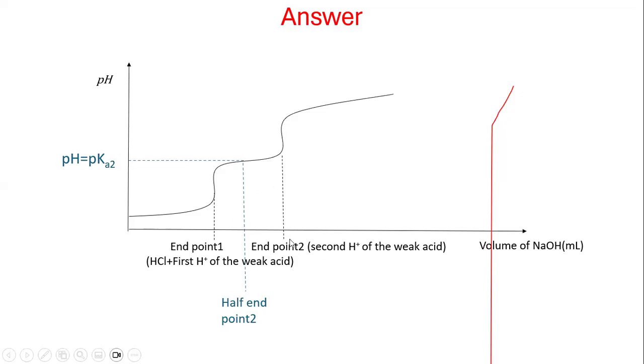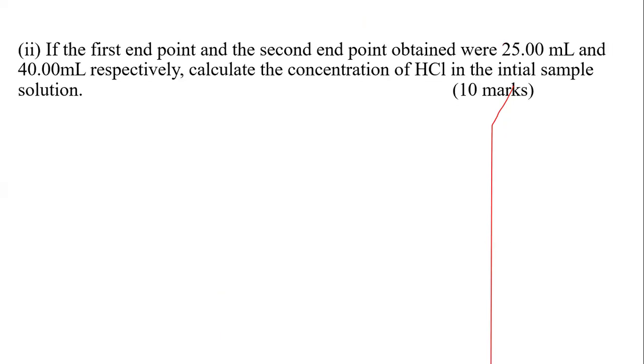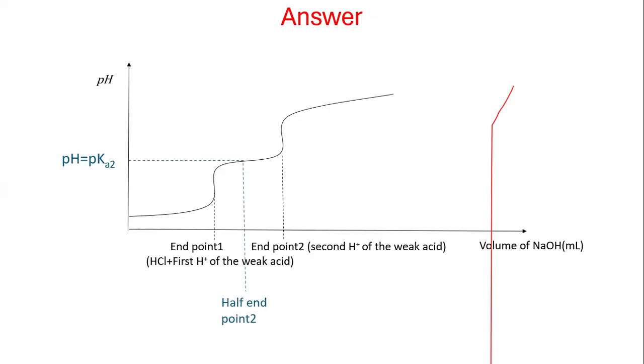Then if there are 2 endpoints, you have to say endpoint 1 is when and endpoint 2 is when. Right. That is a complete picture of this titration curve. Right. Then, okay. Any questions on that?